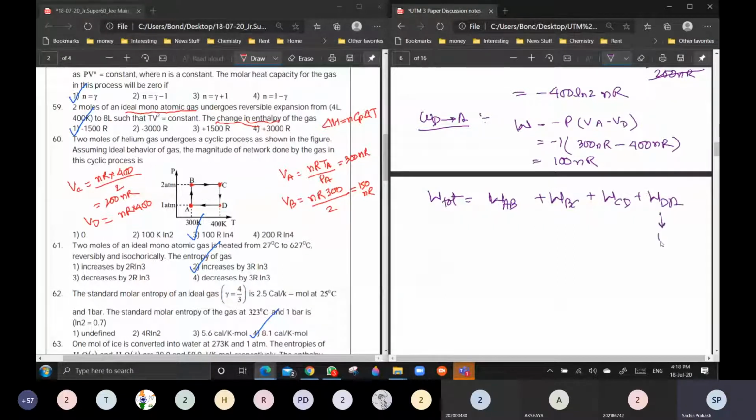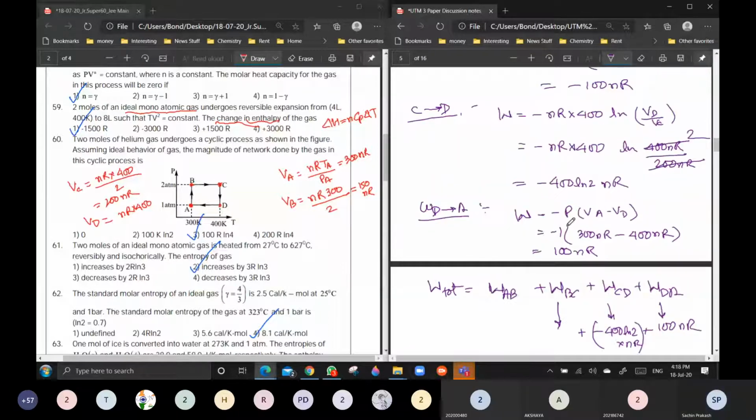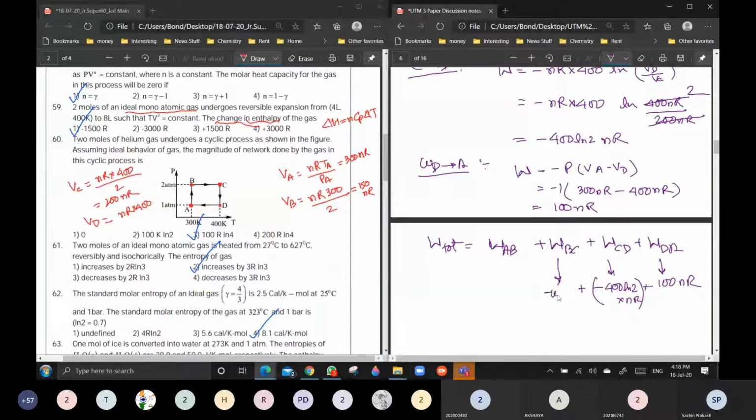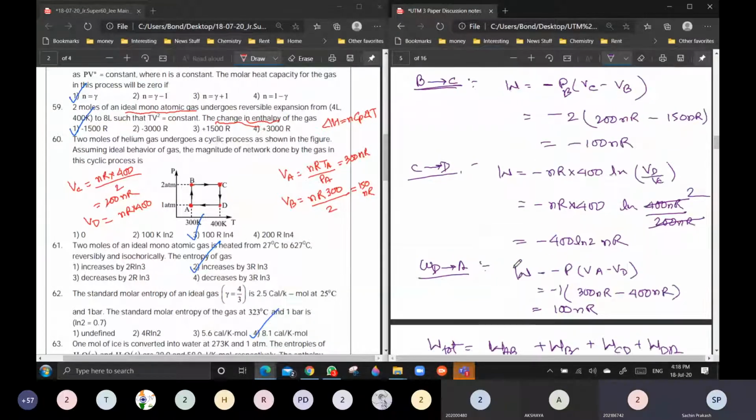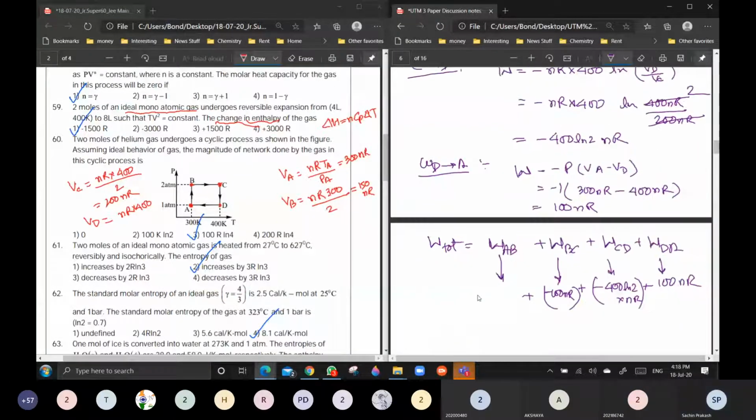So this is like 100 nR, this is minus 400 ln 2 into nR, plus WBC, which is minus 100 nR, plus WAB, which is 300 ln2 nR. So you see this will cancel out, and 300 minus 400 will be minus 100 ln 2 nR.